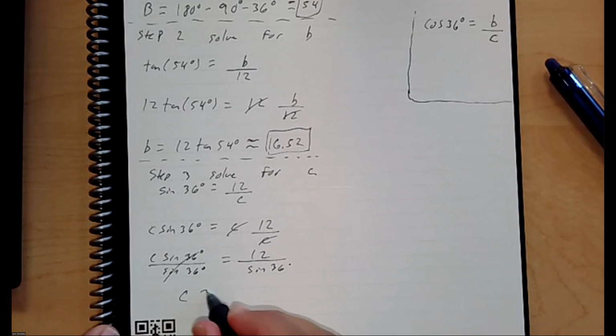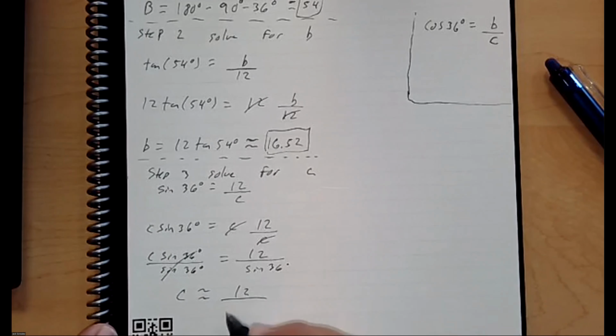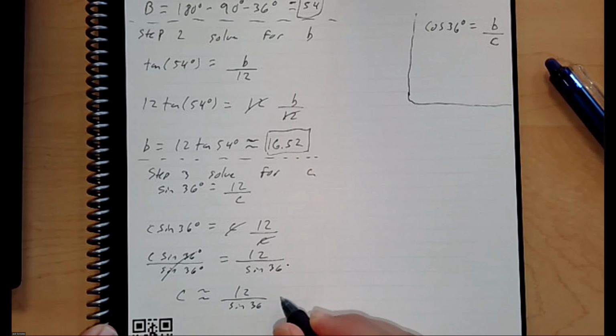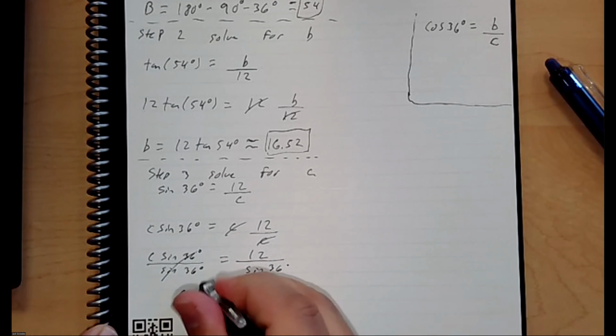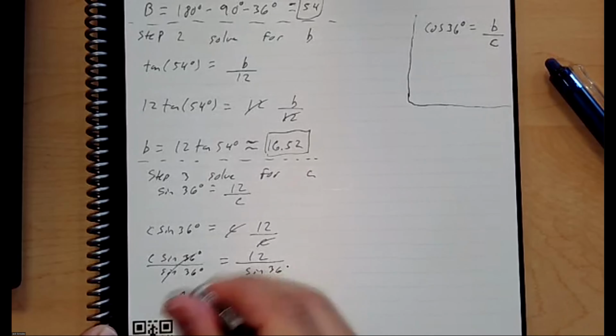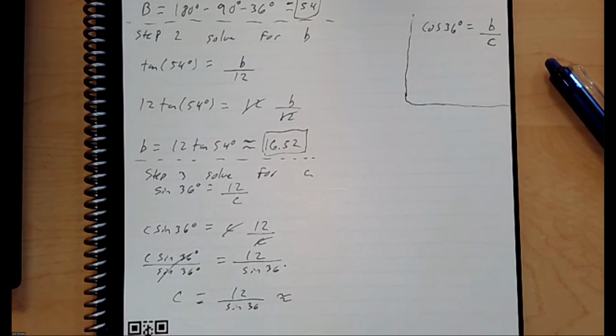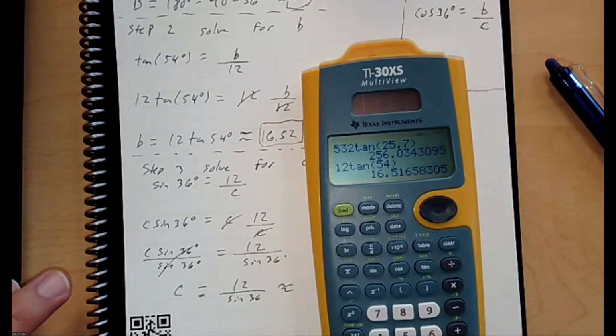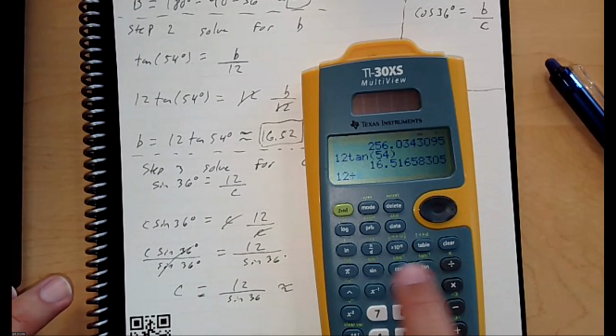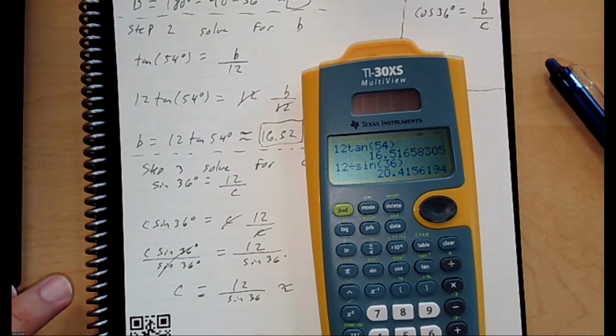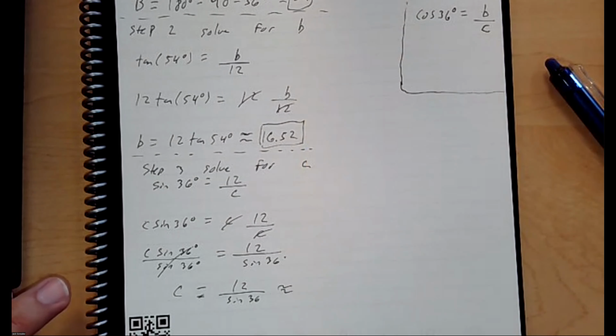So c is approximately 12 over sine 36. 20.42.